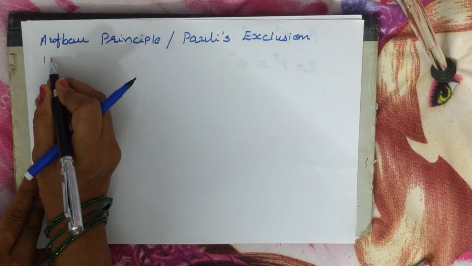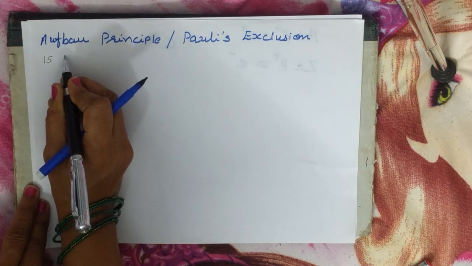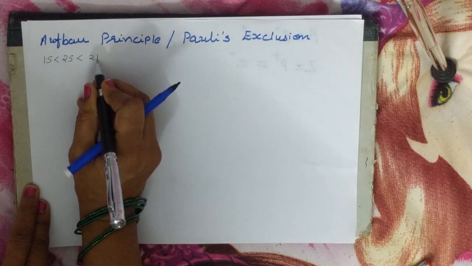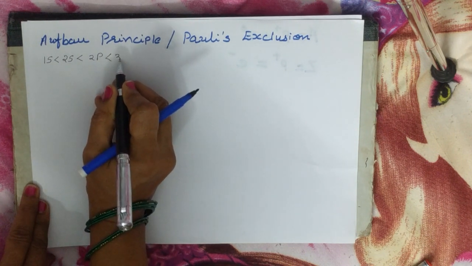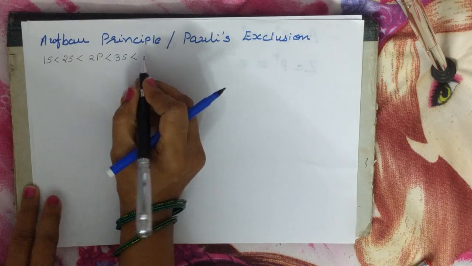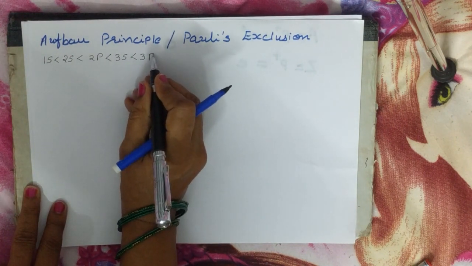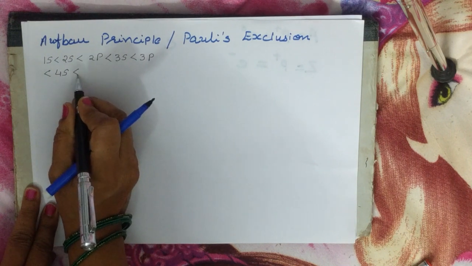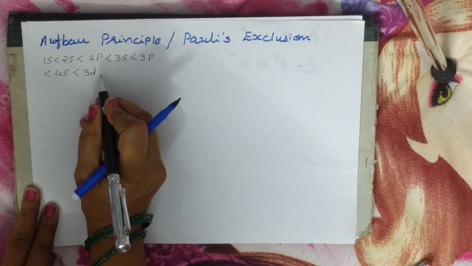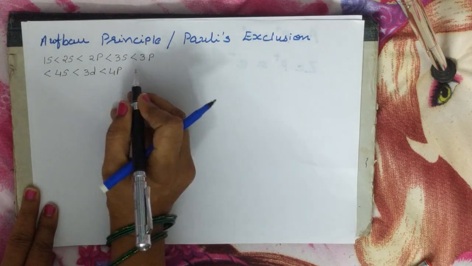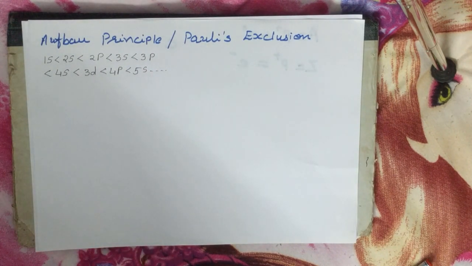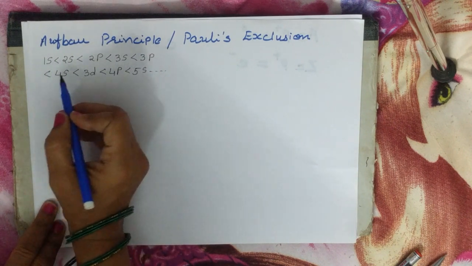So that order is 1s, then the electron goes to 2s, it is an increasing order, then the electron goes to 2p, then 3s, 3p, then 4s, 3d, 4p, 5s, and so on, students. This is the Aufbau principle.